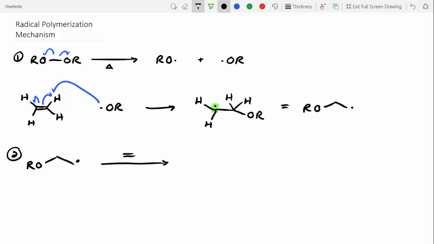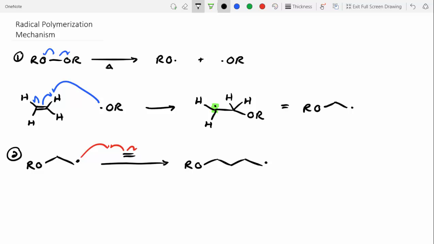If we have more ethylene floating around in solution, we can do another addition to our pi bond. And we get another radical out. So we've added on two new carbons from another ethylene monomer.